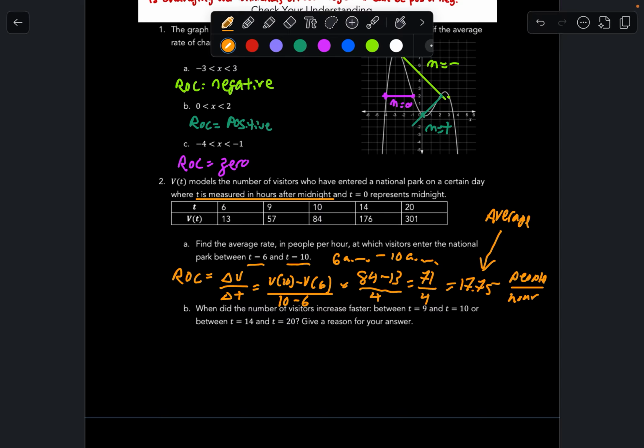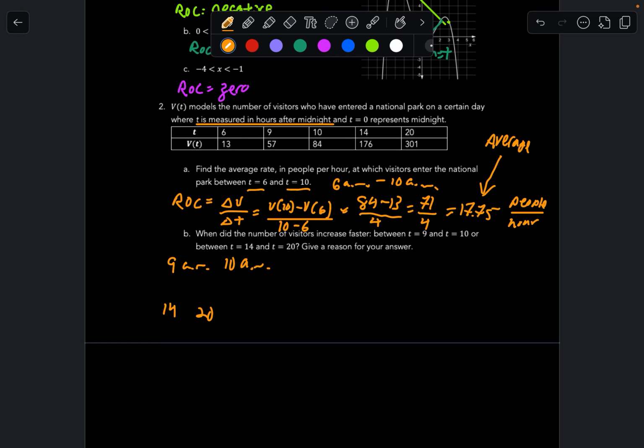When did the number of visitors increase faster? Between t equals 9 to t equals 10, so between 9 a.m. to 10 a.m., or between 14 and 20. 14 is 2 more than 12, so that's 2 p.m., and 20 is 8 more than 12, so 8 p.m. So when did the number of visitors increase faster?